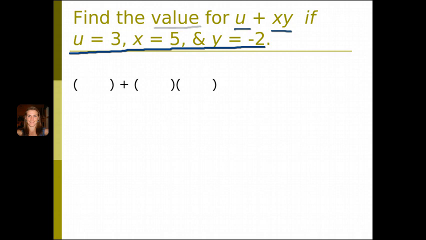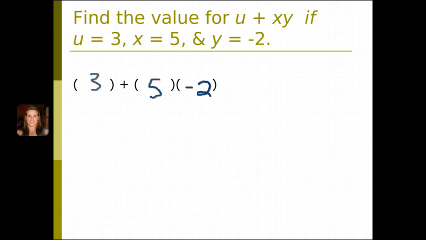So we first replaced those variables with parentheses, which is key in plug and chug. From here, you input the value for u, which is 3, x, which is 5, and y, which is -2. 5 times -2 is -10, plus 3, which gives you -7.